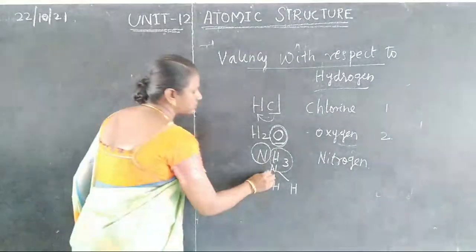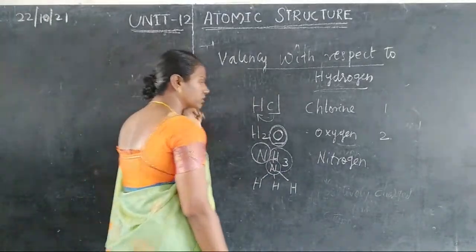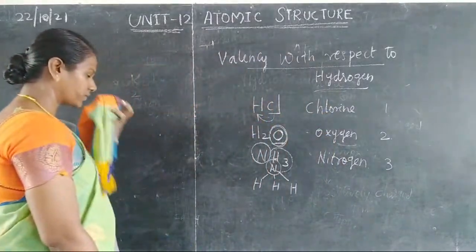So what is the valency of nitrogen here? It is 3.